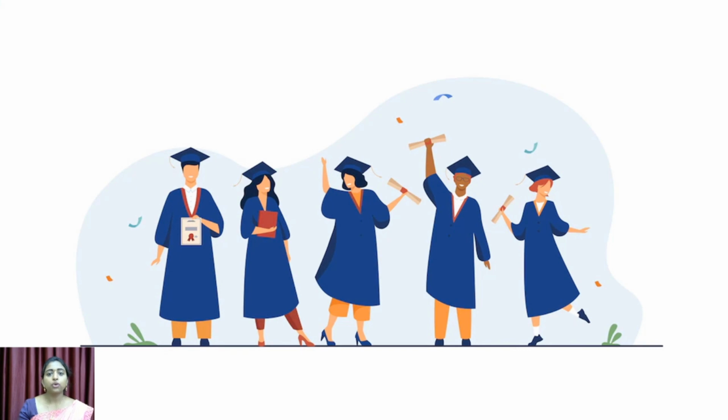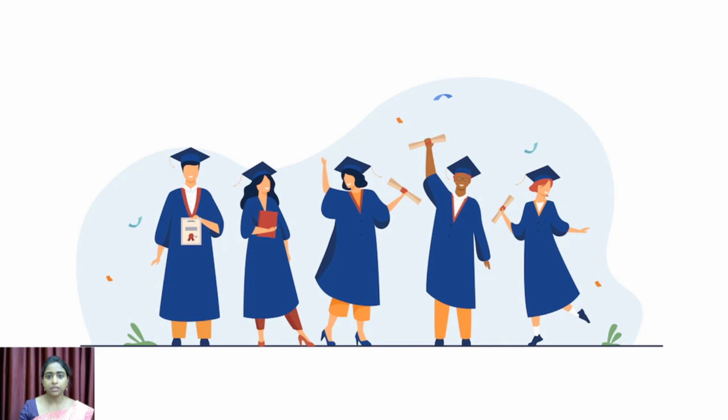For example, if you have only one degree, then you can mention your degree and then from which university you have completed that degree. So for example, I'm a master's from Madurai Kamaraj University in the School of English. So you can present it this way.